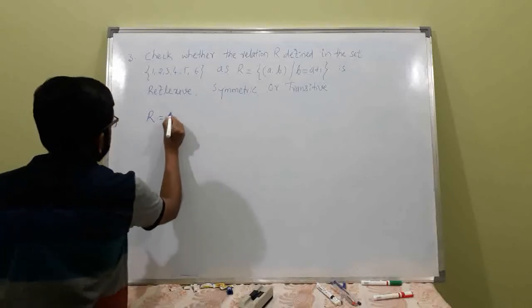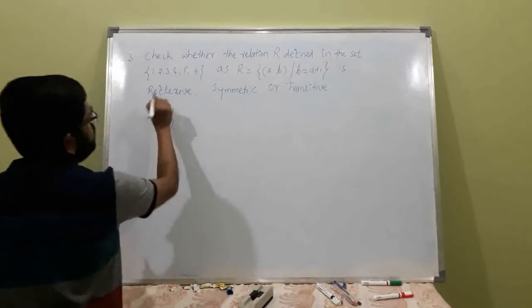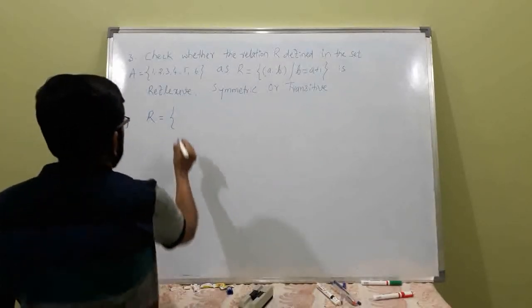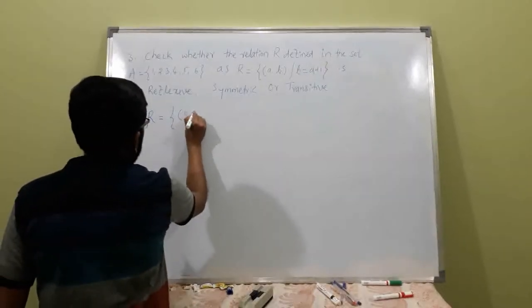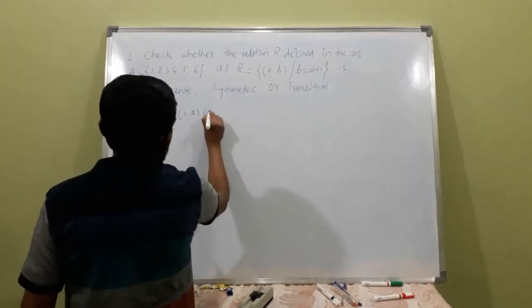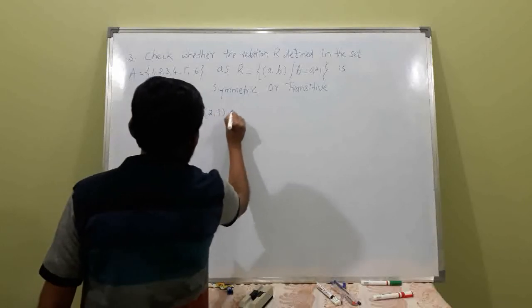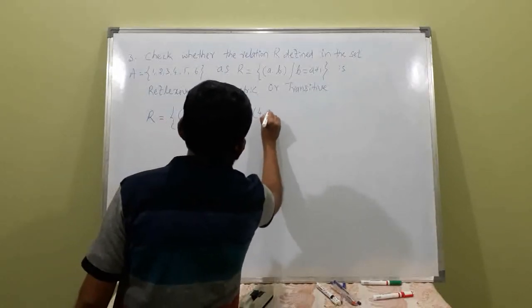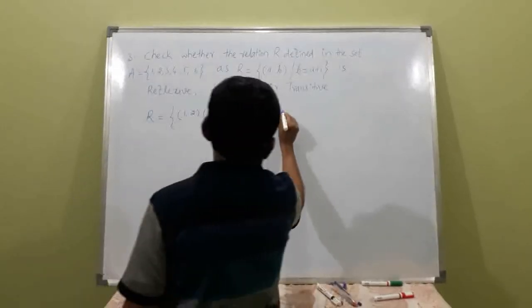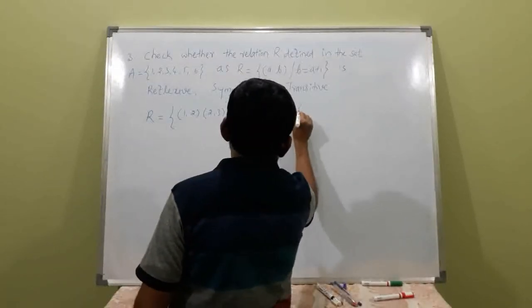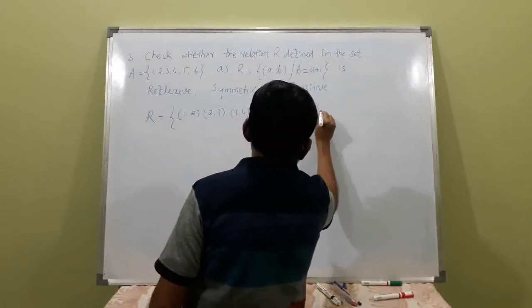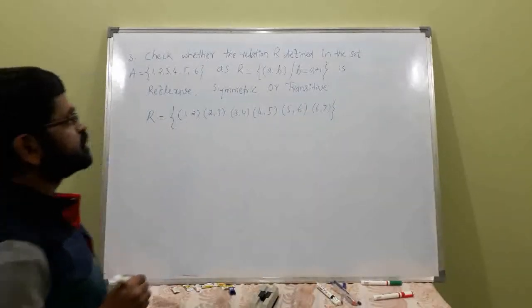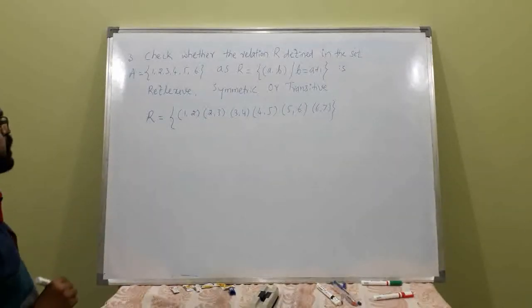R is defined on this set A. Suppose a is 1, b will be 2. a is 2, b is 3; 3, 4; 4, 5; 5, 6; and 6, 7. Okay, this is the relation.